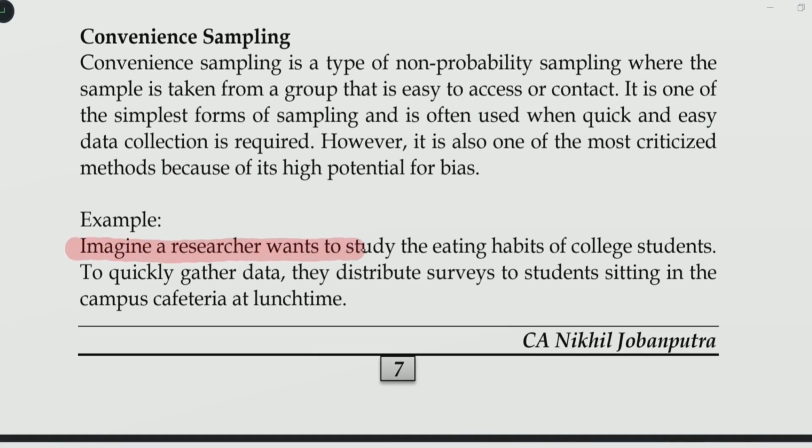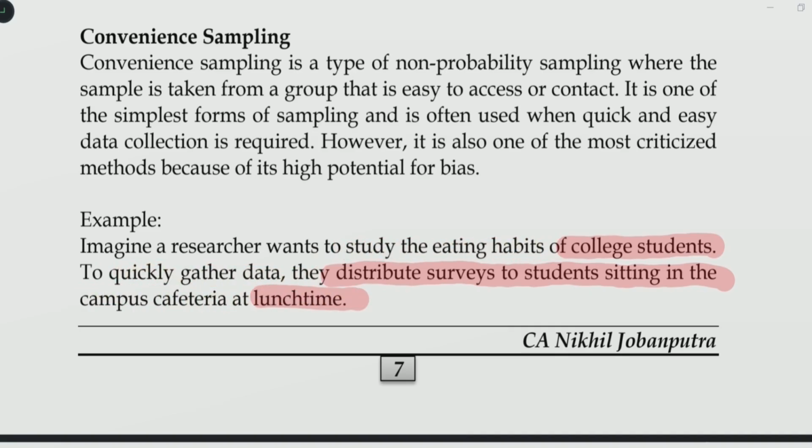Imagine a researcher wants to study the eating habits of college students. To quickly gather data, they distribute surveys to students sitting in the campus cafeteria at lunchtime.